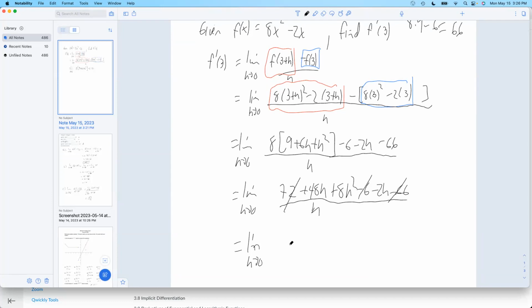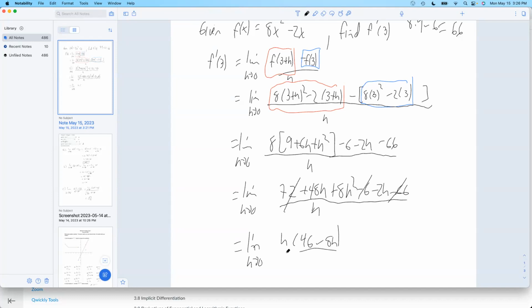I'm going to go ahead and write that here in this step. Factor that h out of the top. Oh, I could have combined those. Those were like terms. I could have combined that. In fact, let's just do that. So 48 minus 2 would be 46, and then factor the h out.